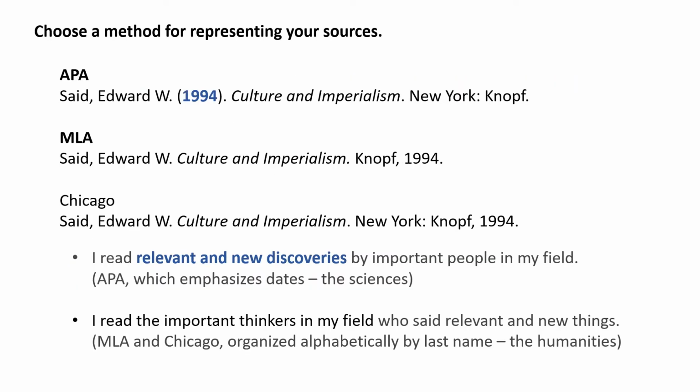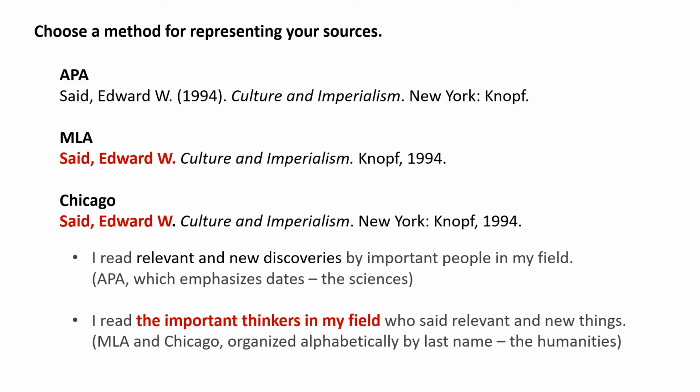Let me just look at something to help you understand what each of these methods do. For the APA, the date is forefronted. You have the person who wrote the article or wrote the book, but the date is the next thing you see. The APA emphasizes relevant and new discoveries by important people in the field. It emphasizes dates, which is why it's used frequently by the sciences.